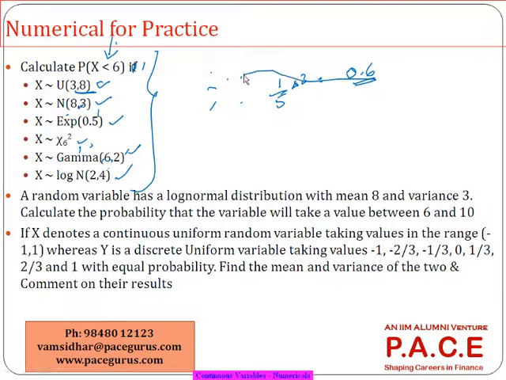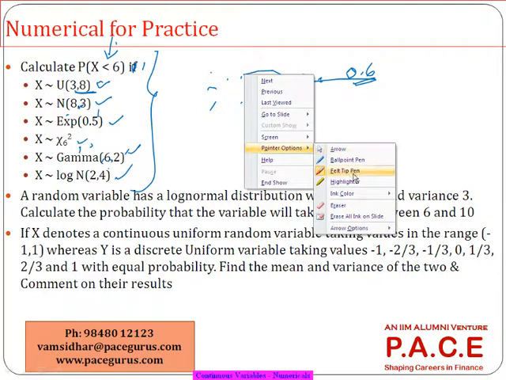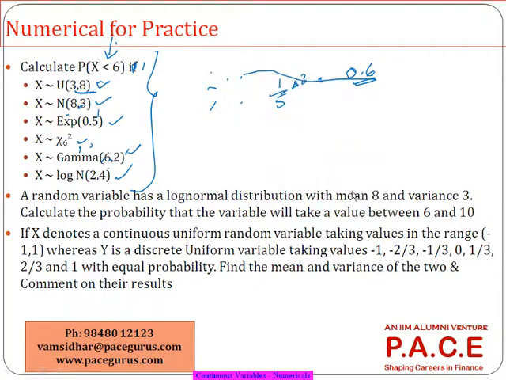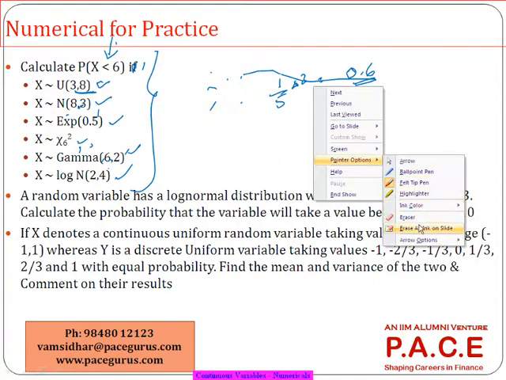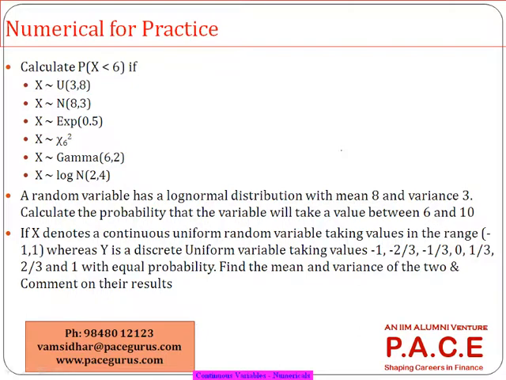Now, assume that the next distribution is a normal distribution. Mean is 8 and variance is 3. So what is the way we are solving? I need p of x less than 6. What is the way I will handle in the normal distribution?